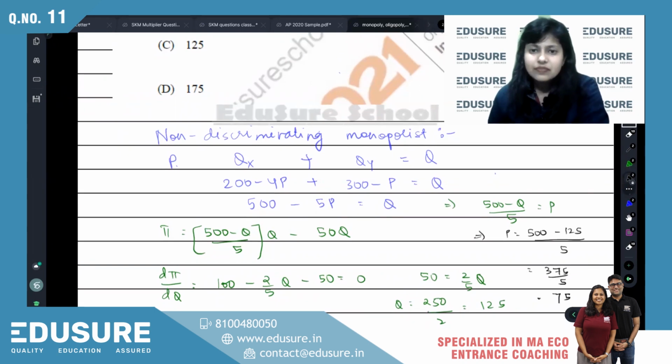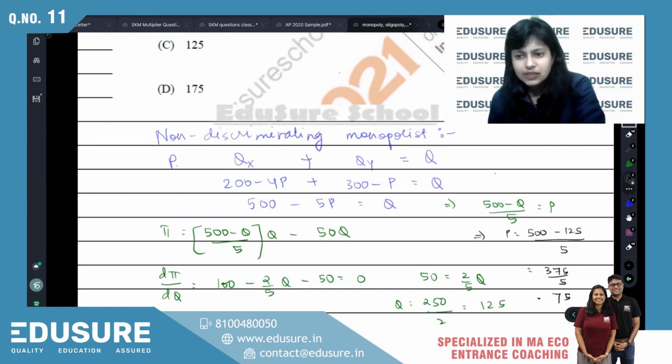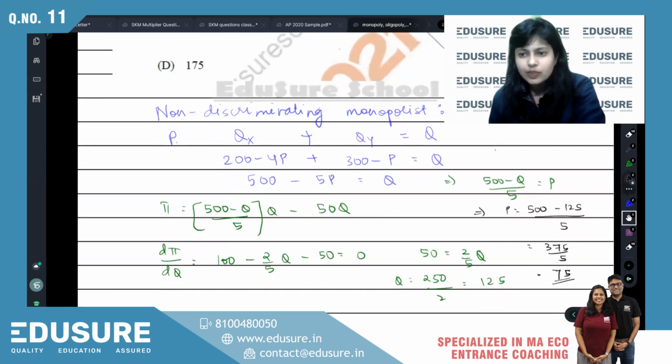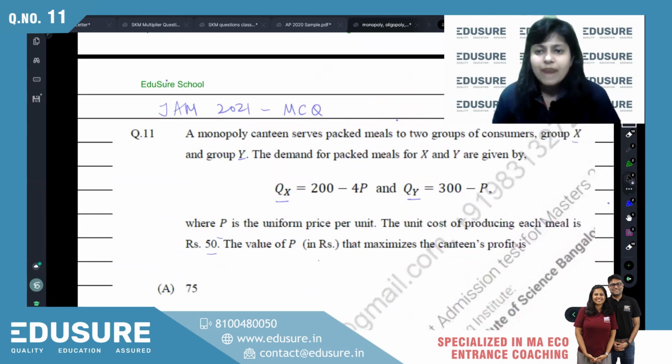But whenever you are doing this adding up, what we always have to check is that we are getting a total quantity of 125 and price of 75. Always put the price back here. So with 75, QY is 225, and QX is 200 minus 4 into 75. 4 into 75 is 300, so minus 100. So QY is 225 and QX is minus 100.